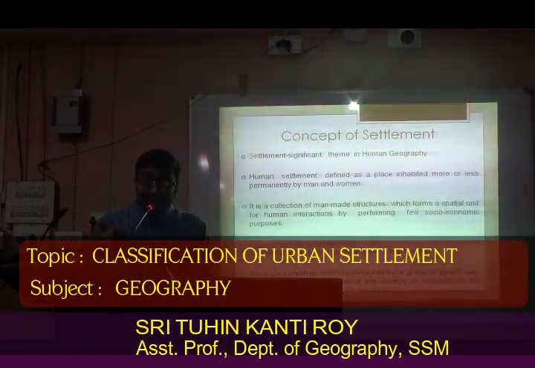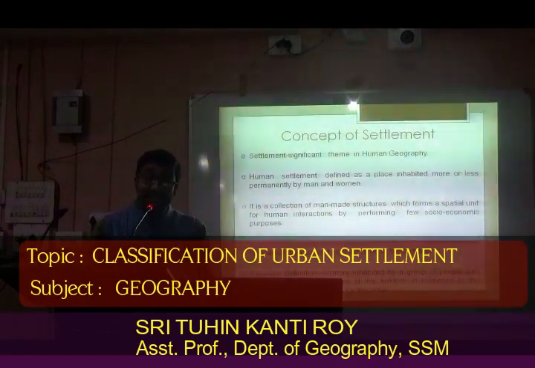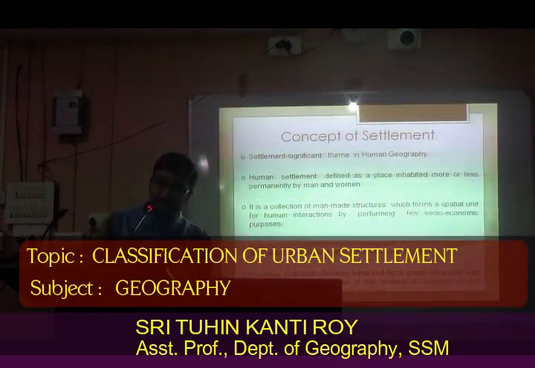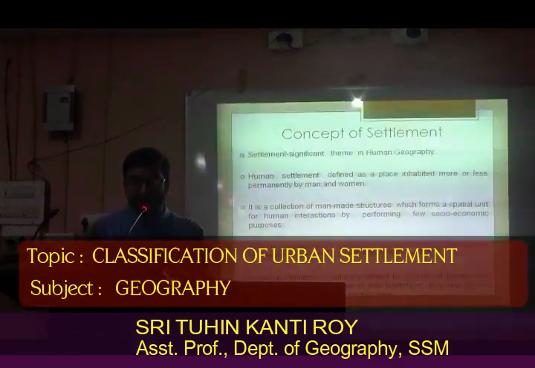It performs certain socio-economic objectives of human beings. It's a group of dwellings or houses which represents man's first response to their natural environment, and for that purpose, they need to live together.